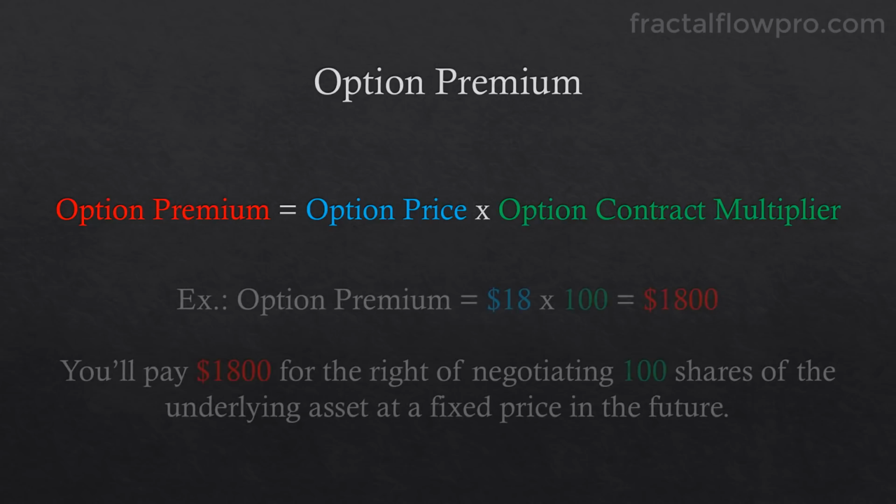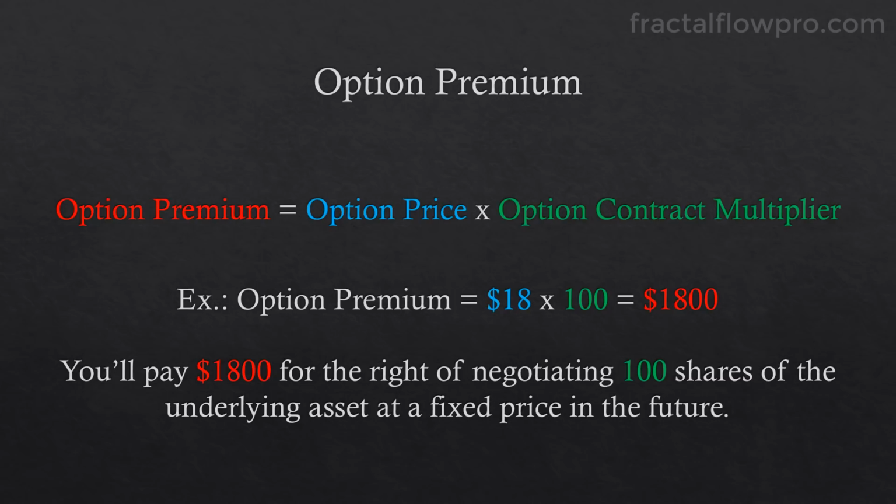For example, if the option contract multiplier is 100 and the option price is $18, you are going to pay $1,800 of option premium. Each option in the contract containing 100 options gives you the right to negotiate one share of the underlying asset at a fixed price in the future. In summary, when you buy an option, you are buying a right. The right to negotiate the underlying asset at a fixed price in the future.